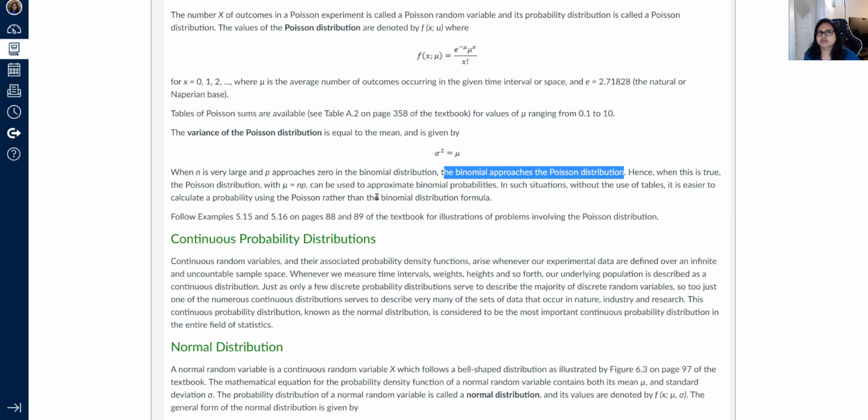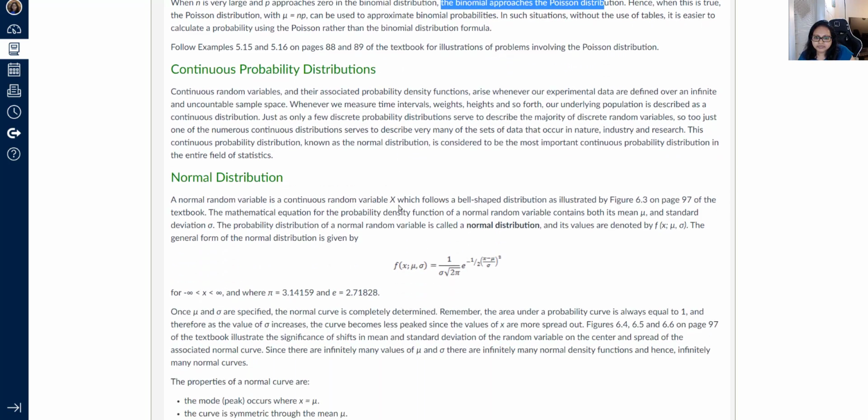If you think about success and failure, in the examples we had, the probability of success is really low but the sample size is large, then we can say that the binomial distribution approaches the Poisson distribution.